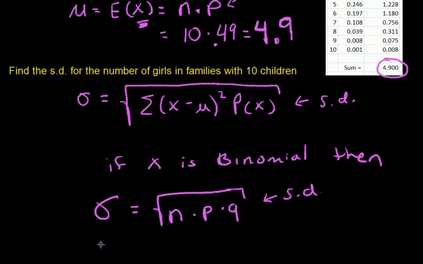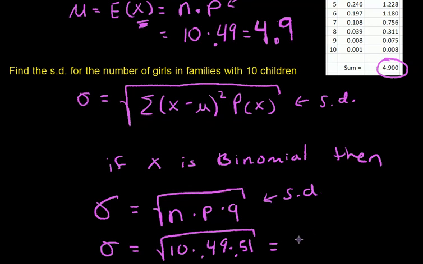Let's do that for this question. The standard deviation is the square root of 10 times 0.49 times q. Remember, q is 1 minus p, so that's 0.51, which is 1 minus 0.49.